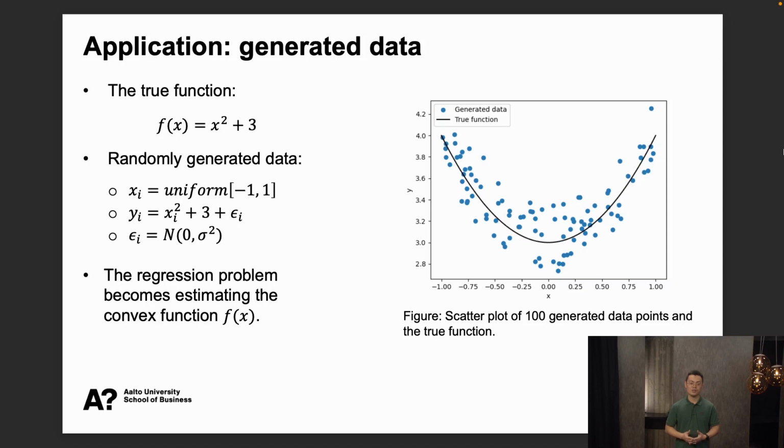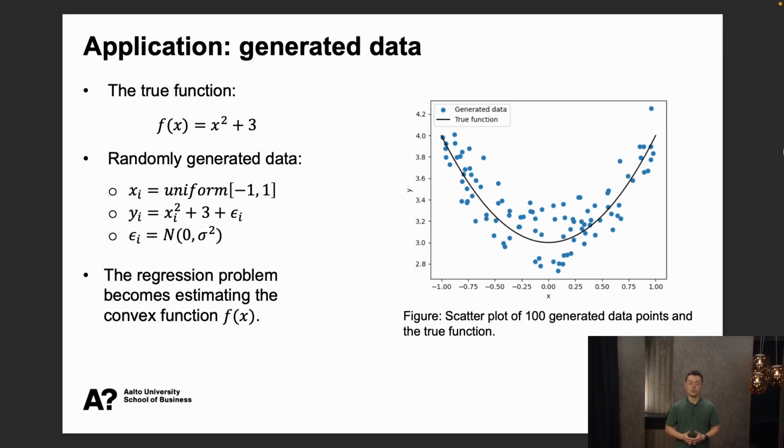The xi is from a uniform distribution from -1 to 1. Yi equals xi squared plus 3 plus error term. The error term epsilon is from the normal distribution with 0 mean and sigma standard deviation.